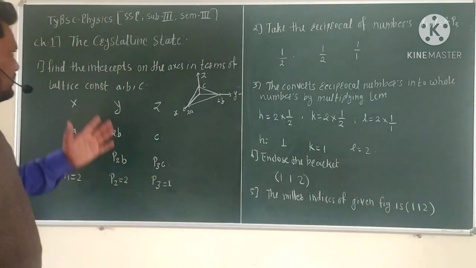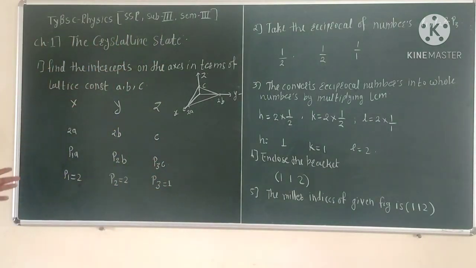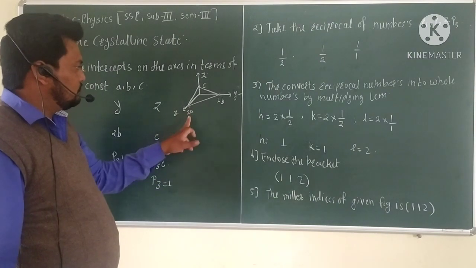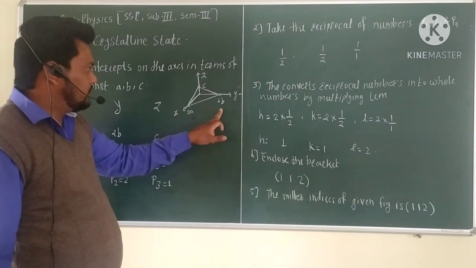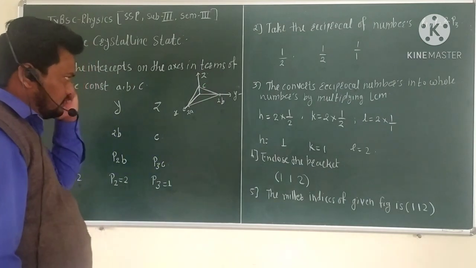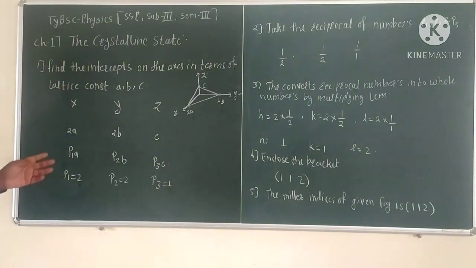So once again, let us repeat these points. Consider this figure: 2 axial units on the x axis, 2 axial units on the y axis, and 1 axial unit on the z axis. First, we find the intercepts in terms of the lattice constants a, b, c.